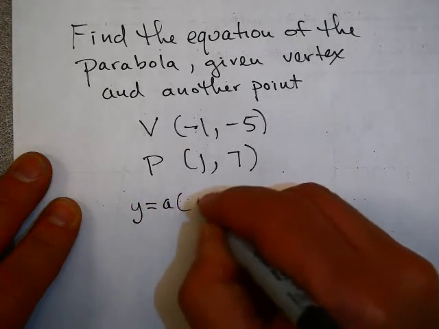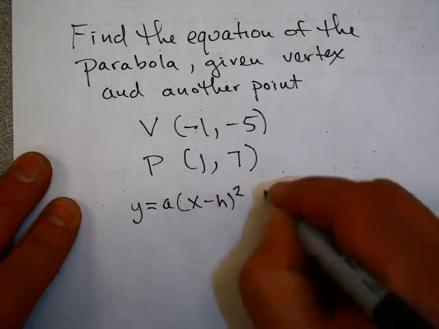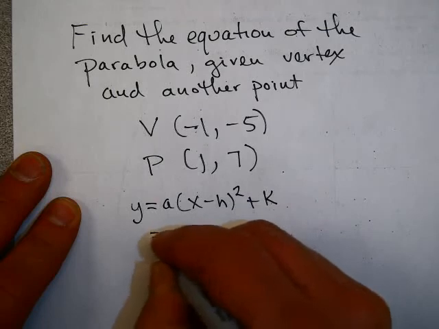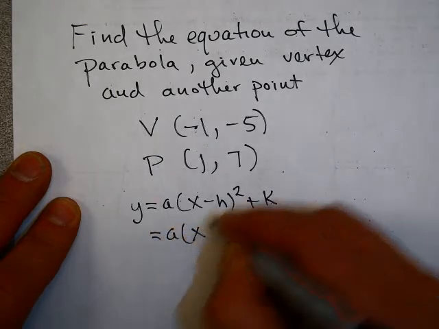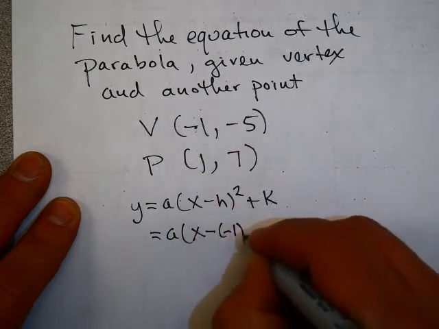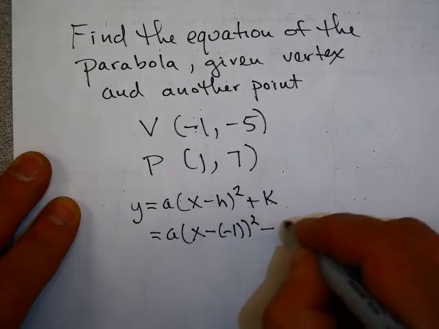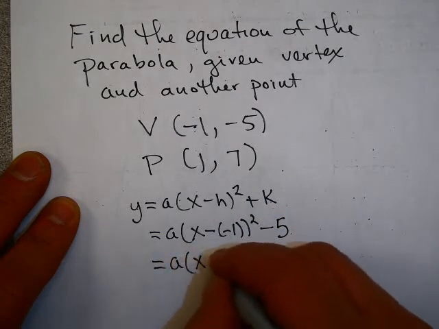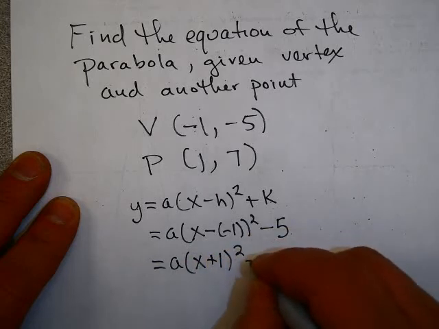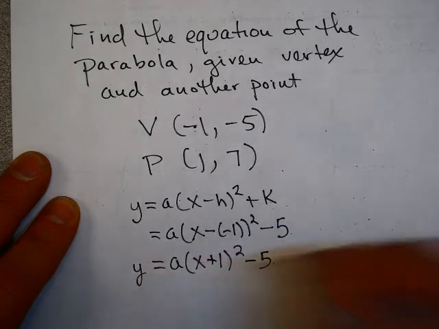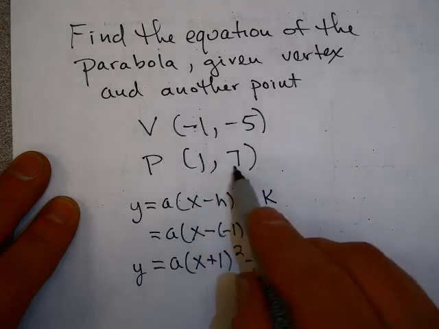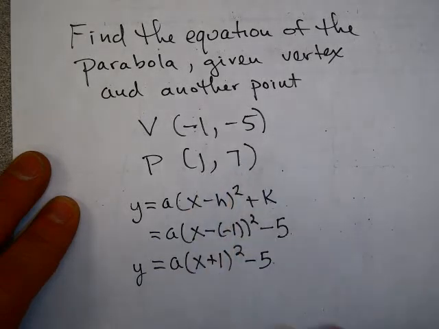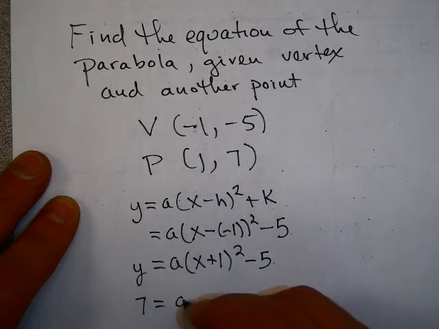So y equals a(x minus h) squared plus k. So that's a(x minus negative 1) squared plus k, or a(x plus 1) squared minus 5. Now to find a, we plug in our point (1, 7), 1 for x and 7 for y.